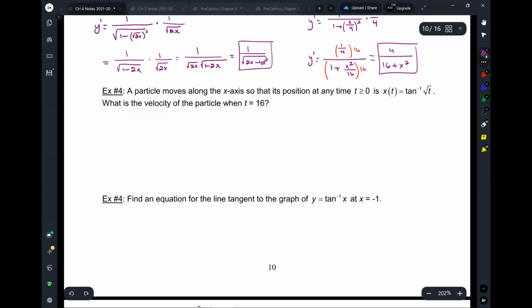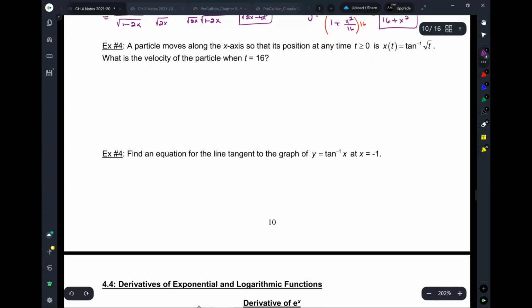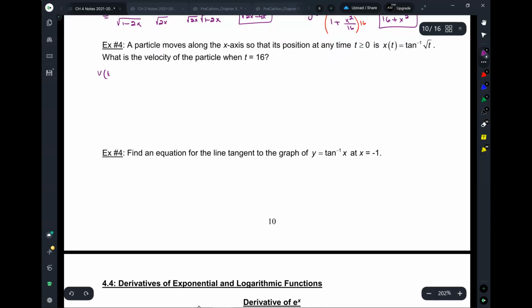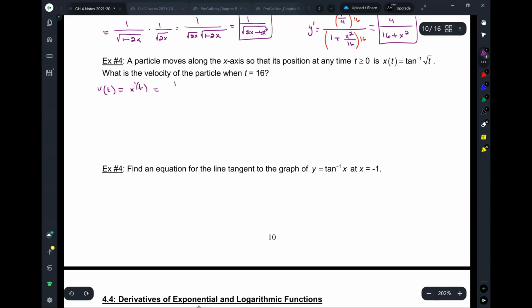Okay. A particle moves along the x-axis so that its position at any time t greater than 0 is inverse tangent root t. What is the velocity when t is 16? Well, v of t is x prime of t, which is equal to, okay, so if it's inverse tangent, 1 over 1 plus (root t) squared times u prime, where u is root t, right?